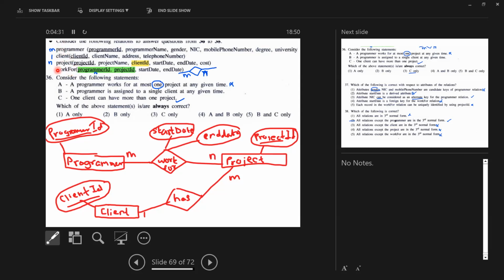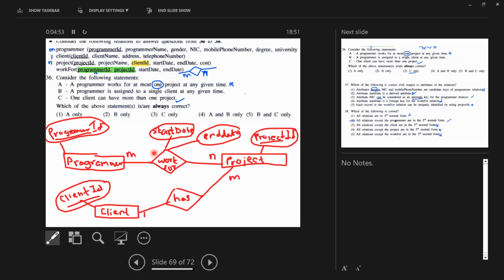Can you all understand? So I tried to draw the diagram. So program ID, and there are other attributes as well in the programmer table. I took only the primary keys. Then project ID. So when we map the ER diagram for this relation schema, you can see something like this. So the question: consider the following statement.